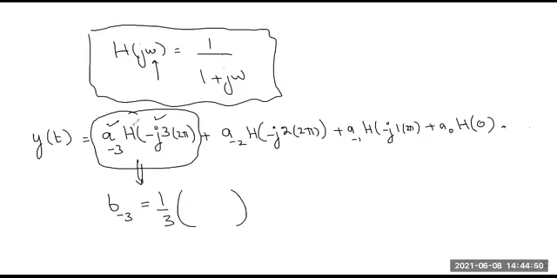And then what is the value of this function for this value? So it will be 1 divided by 1. Let me write here so that you get the idea, that I replace omega with k omega naught. So this will become 1 plus j k omega naught.